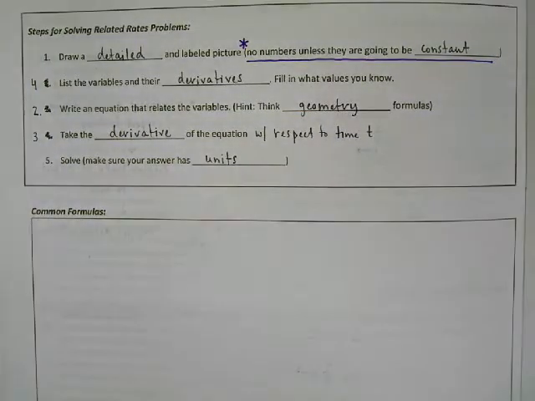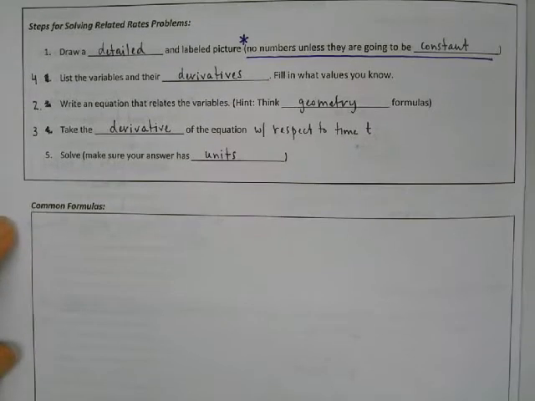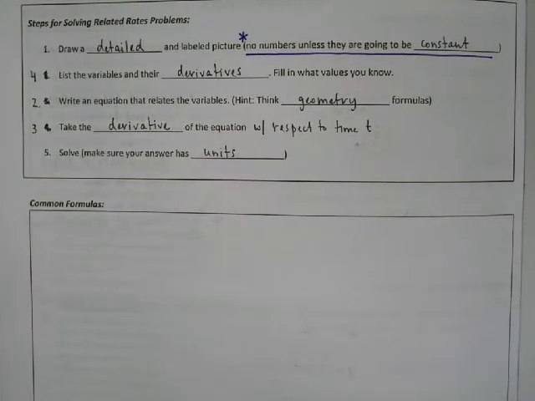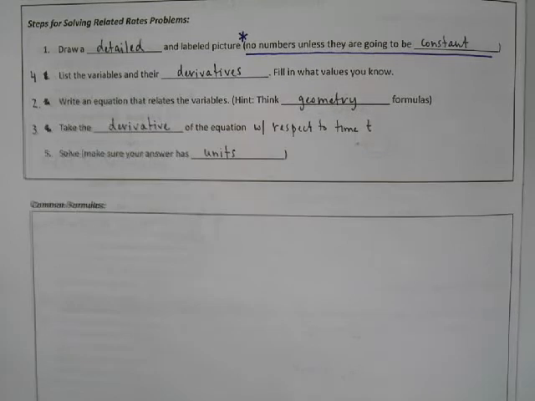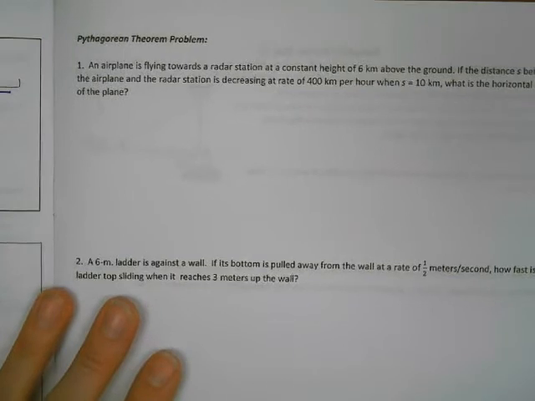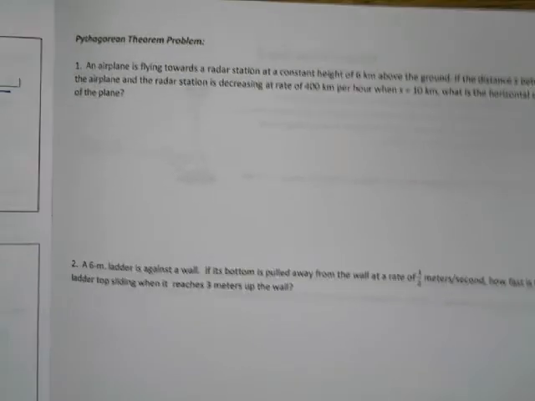So we'll be referring back to these steps as we go through. For right now, I'm going to leave this common formula space blank. And what we'll do after every time we go through a new set of problems is add any new formulas that we've come across. So let's go ahead. This first day here, we're going to focus on Pythagorean theorem problems. So these are all going to use the Pythagorean theorem.